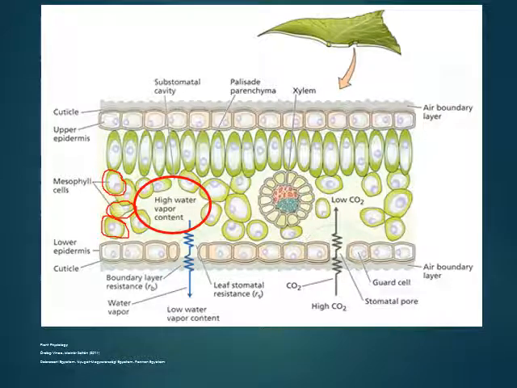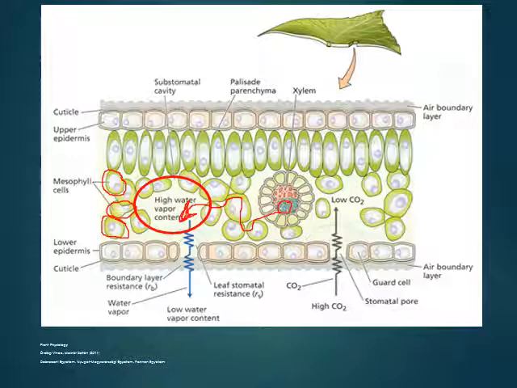And you have a lot of water being supplied by the xylem, bringing water to these cells, and they eventually evaporate it into the spongy mesophyll space, sometimes called the interstitial space. These air spaces between the mesophyll accumulate high moisture content or high water vapor potential.